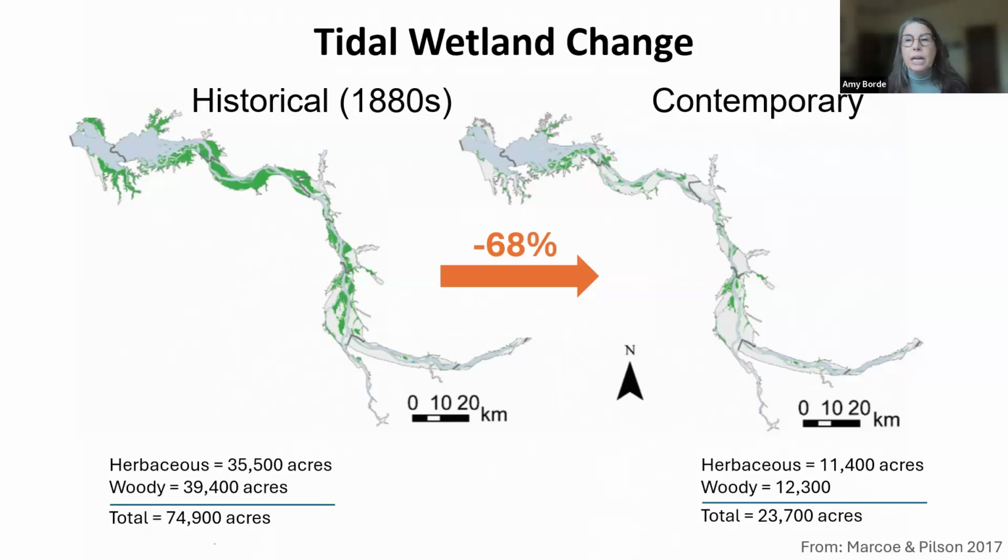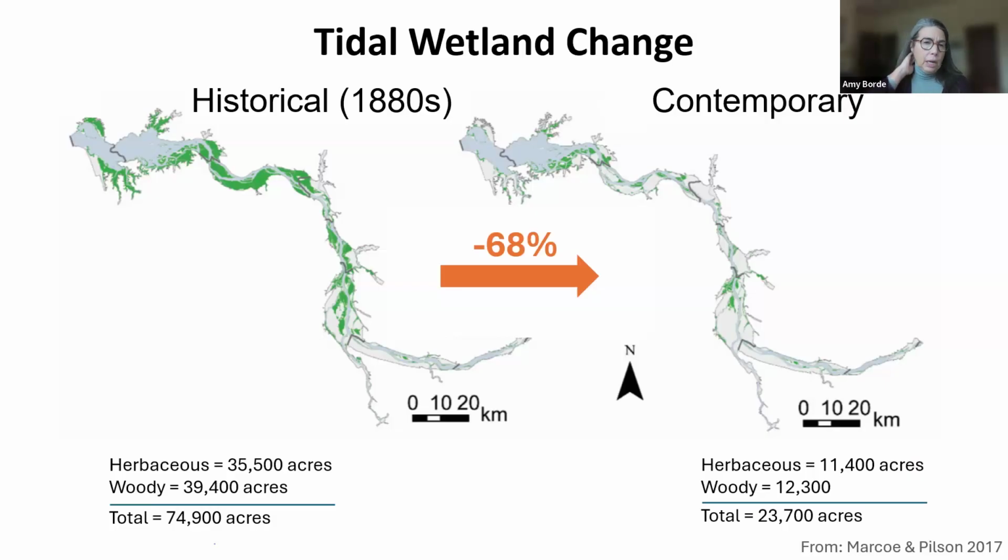About 68% of what used to be tidal wetlands are gone due to development and diking and farming, a loss of over 50,000 acres. So this restoration program is very important to try to restore at least a portion of that really important habitat.